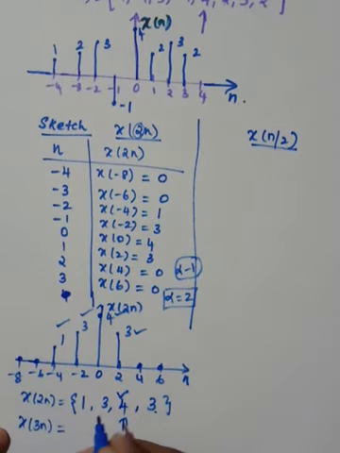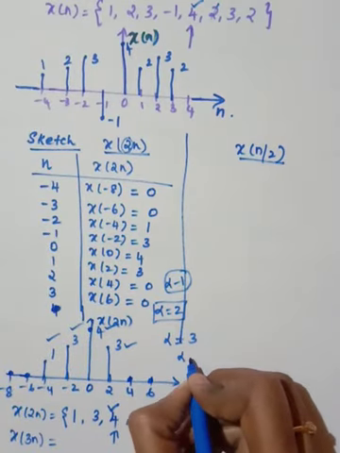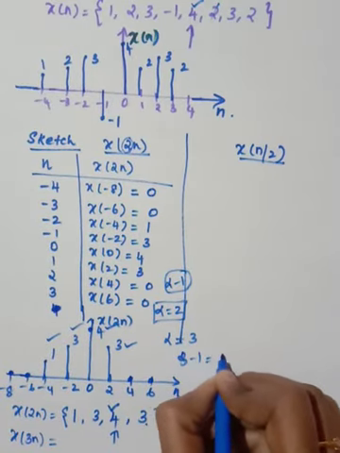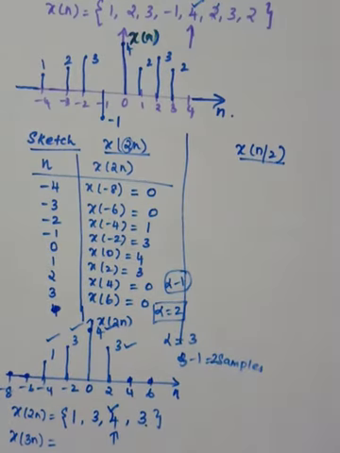In this case alpha is 3, so I need to discard 3 minus 1 samples, which is 2 samples.